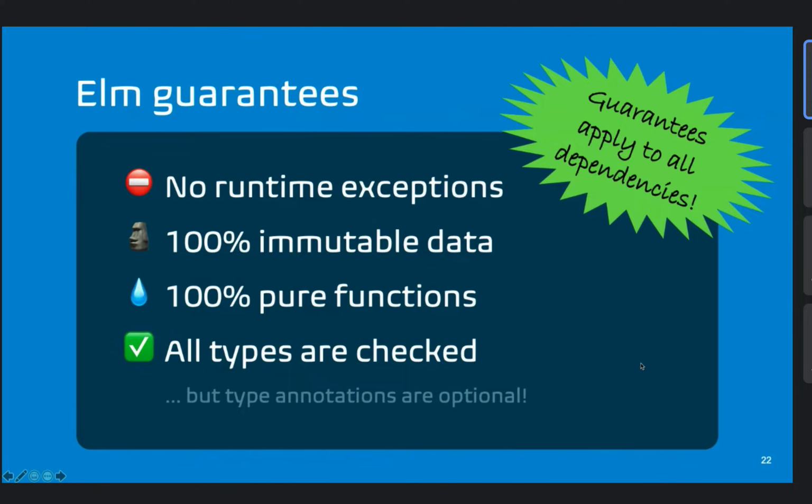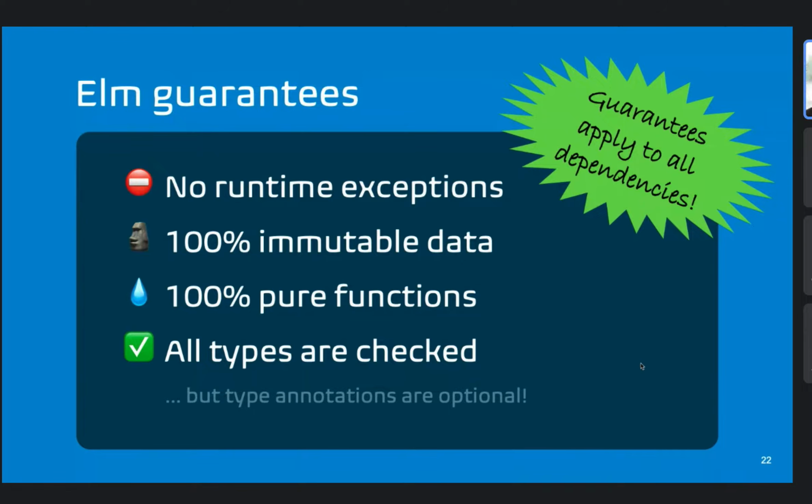The guarantees are the most important objective things that we think are relevant in Elm. Those are: no runtime exceptions, 100% immutable data, 100% pure functions, and all types are checked. So this is, let's say, a condensed version of all the features that Elm has.